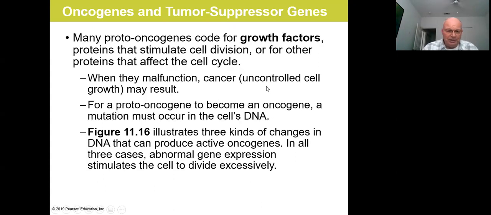So not surprisingly, many of these genes that are known as proto-oncogenes are growth factors that are involved in either guiding the cell through the cell cycle, which we talked about in mitosis, or sending signals to the cells that it's appropriate to grow and divide. They are external factors that trigger the changes internally that lead to gene expression that allows the cell to grow and divide.